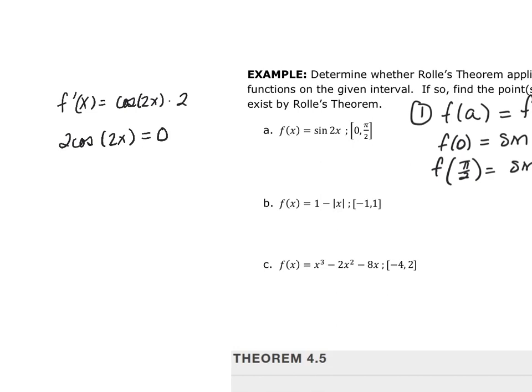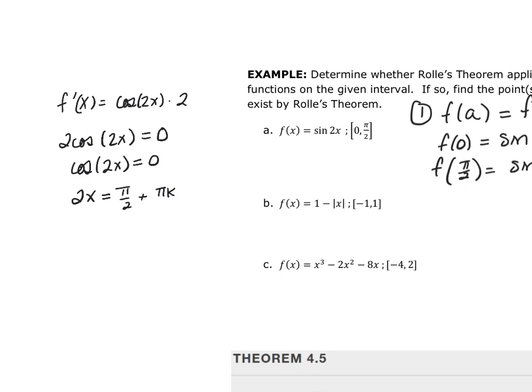Divide both sides by 2 and I get the cosine of 2x is equal to 0. That means my angle is equal to whatever angles for which cosine equals 0. Well, the only place that cosine is equal to 0 is at pi over 2 plus pi k. So when I'm straight up or straight down.